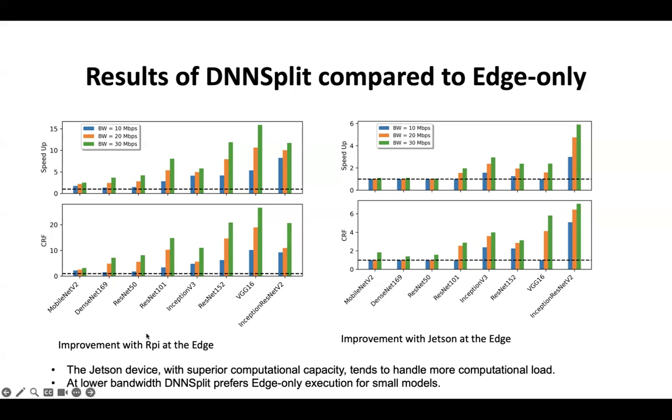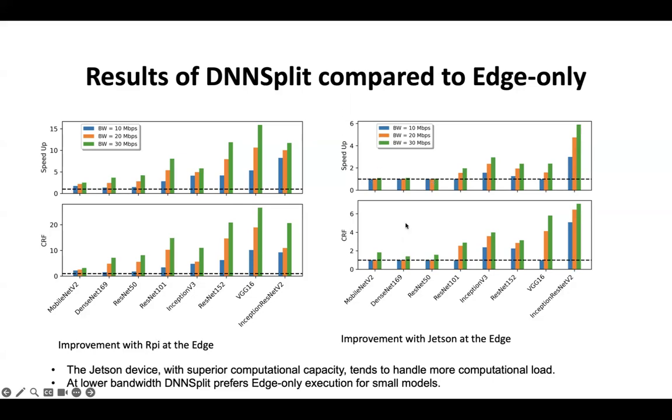For cost, I have used the cost of edge device, which is the sum of operational cost as well as the fixed cost, which is the purchasing cost. So in both cases, we can see that there is a speed up and cost reduction factor greater than 1 achieved by splitting the model between edge and near edge.